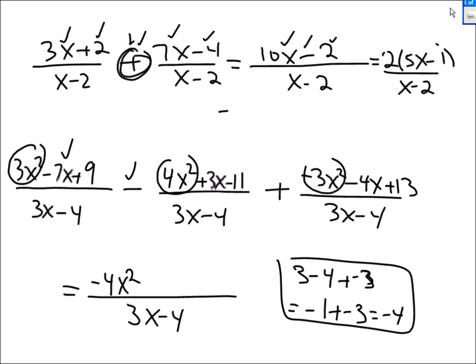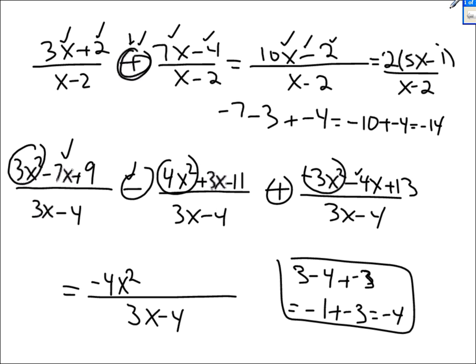Negative 7 minus 3x's plus negative 4. Negative 7 take away 3 is negative 10, plus a negative 4 is negative 14. Okay, negative 14x.